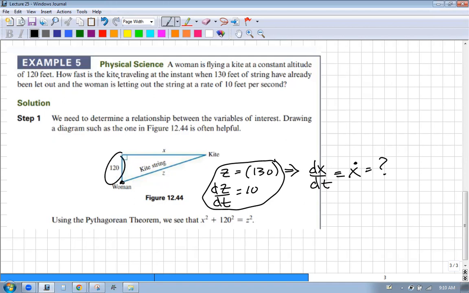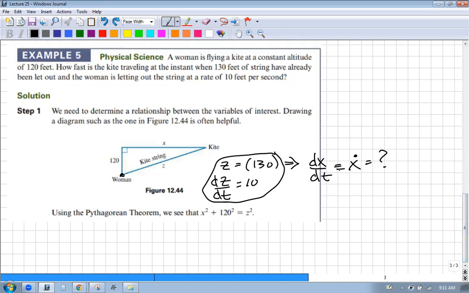So the altitude is a constant 120. We use z for string length and x for the position of the kite. So by the Pythagorean theorem, we just get this. We want to find dx dt. Well, we have x's and z's here. Let's apply the derivative operator to both sides, with 120 squared.